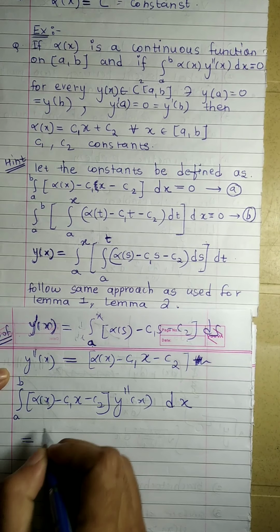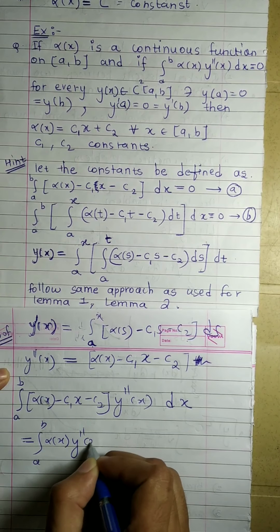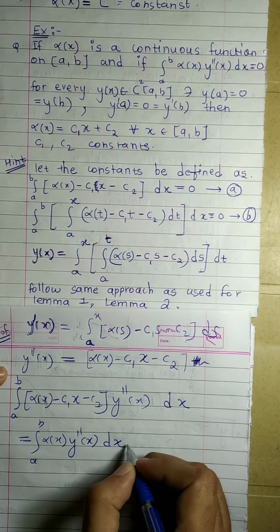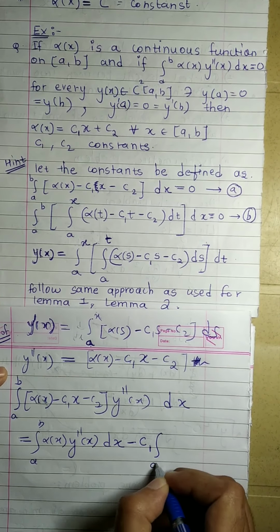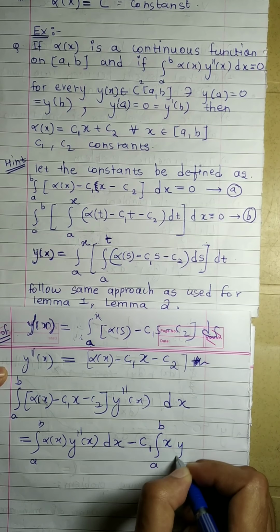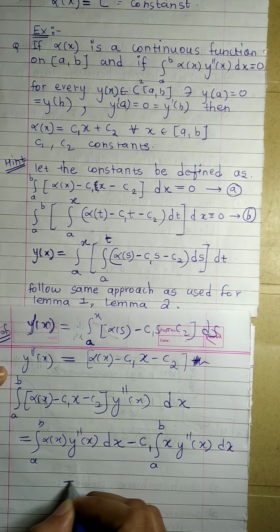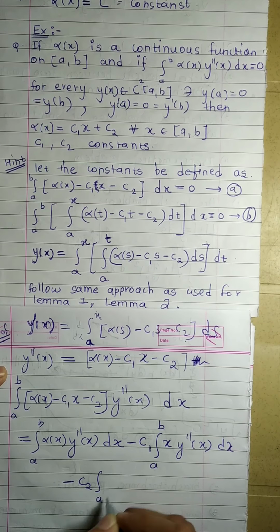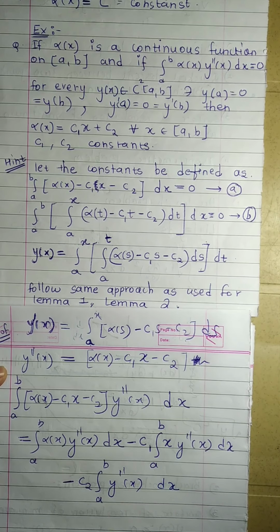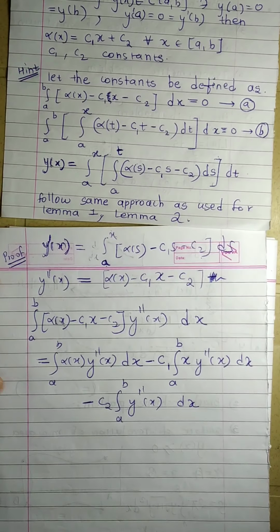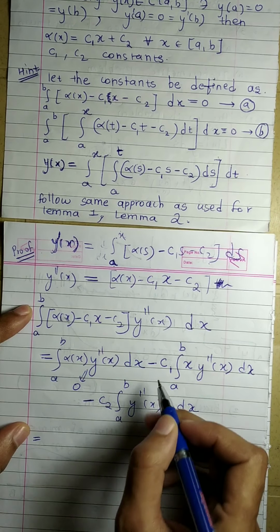This will be equal to integral from a to b alpha of x y double dash of x dx minus c1 into integral from a to b x into y double dash of x dx minus c2 integral from a to b y double dash of x dx. Okay, so when we simplify this, the first term is equal to 0 by the hypothesis.